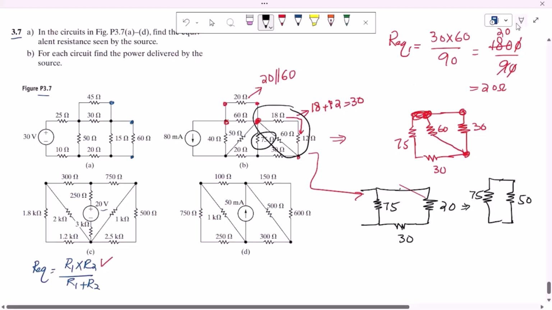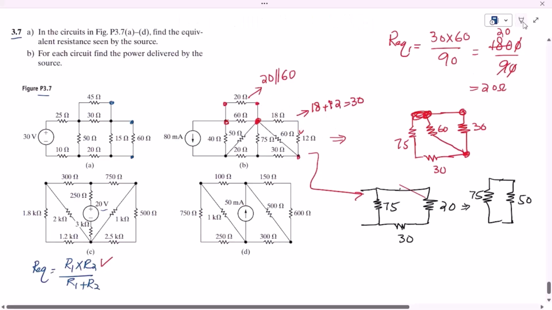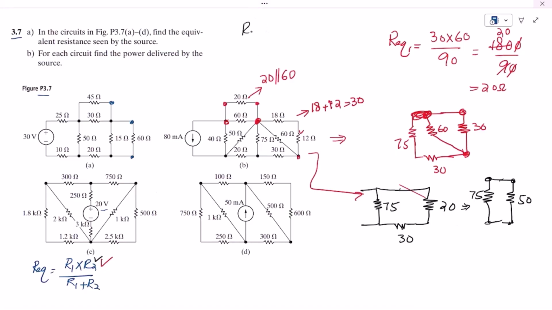Let me clear this one as well. So 50 and 75 are connected in parallel. When these two are connected in parallel, let me use the same formula. R equivalent 2 is 75 multiplied by 50 divided by 75 plus 50, that is 125.